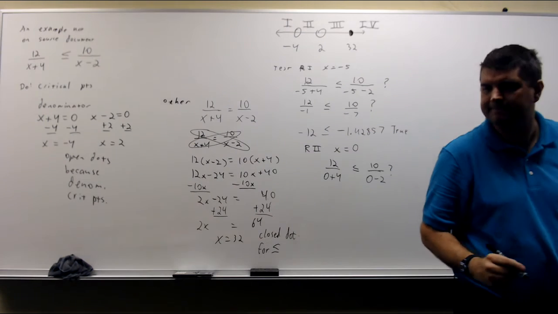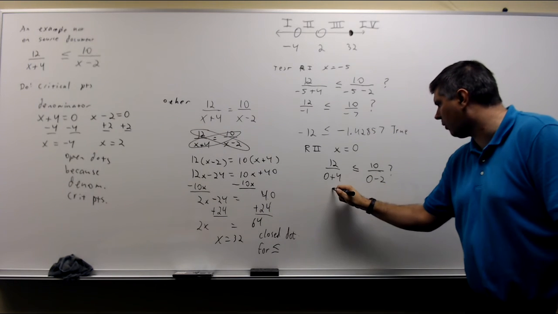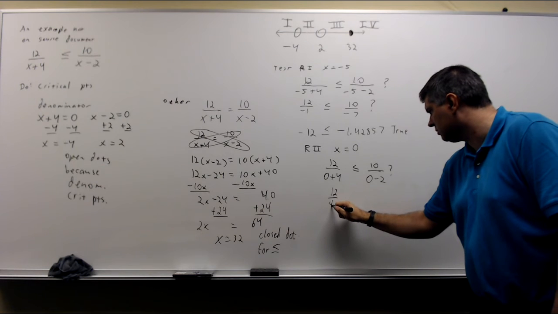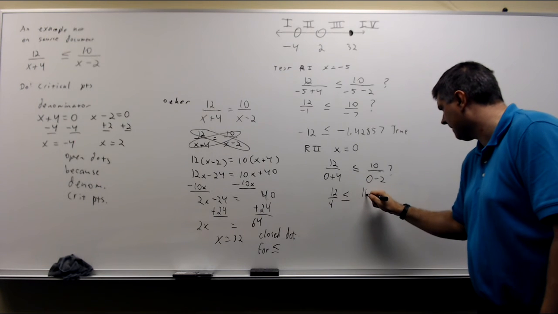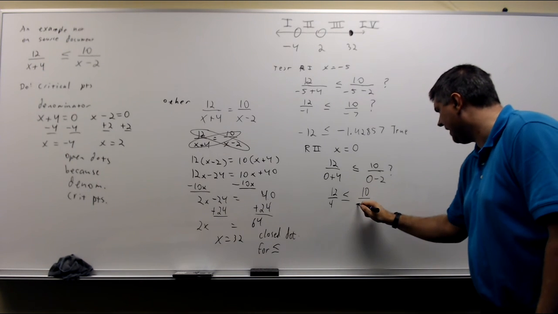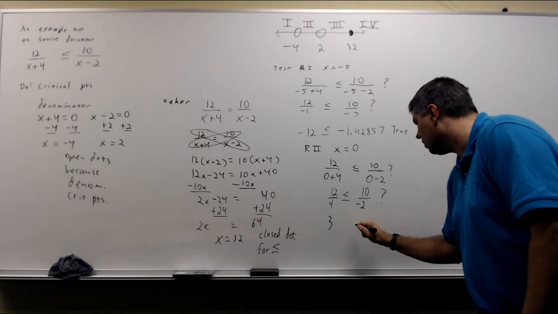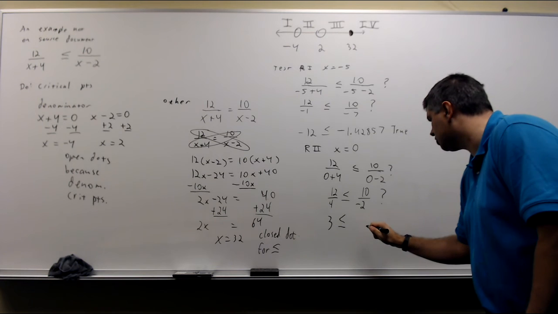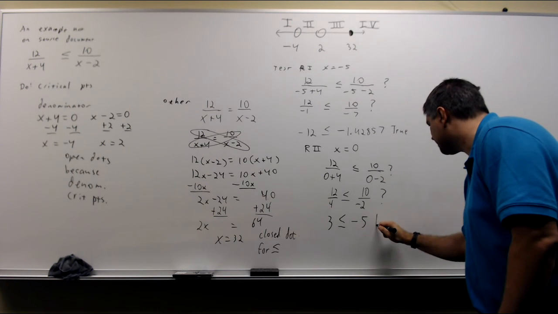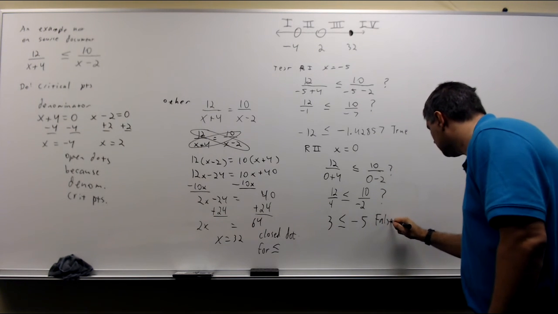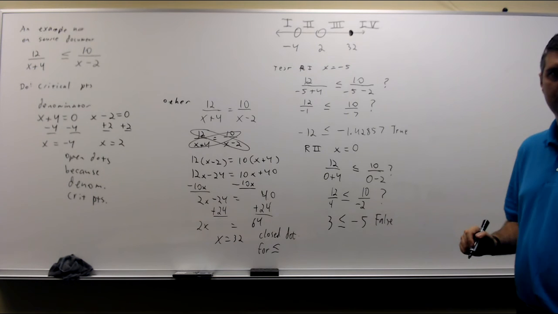Well, that's 12 over 4. That's 10 over negative 2. So that's 3, just a little question mark. 3 less than or equal to negative 5. That's false. Okay, that's not true.